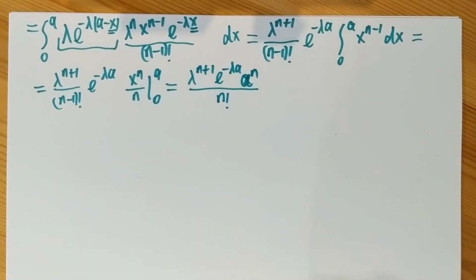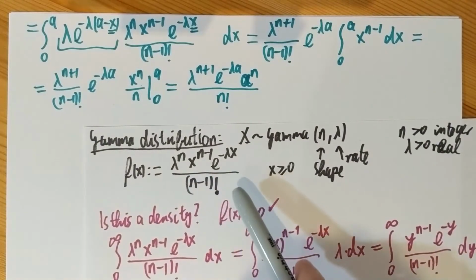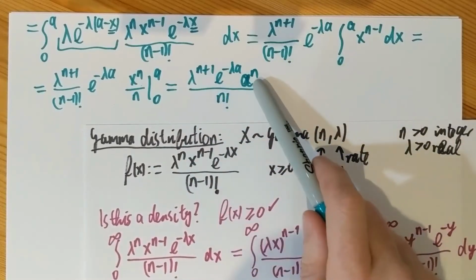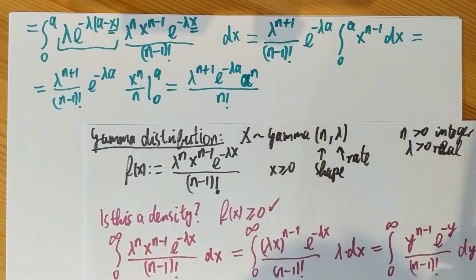And there we go. We have the same density as before, except that n is increased by 1. Lambda to the n plus 1 instead of lambda to the n, a to the n instead of the n minus 1 power, n factorial instead of n minus 1 factorial.